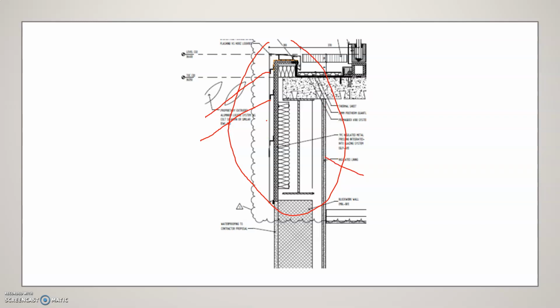Externally we have cladding, insulation, and a structural support element, and inside we have the plasterboard walling or dry lining. If you look at this balustrade detail here, we have the balustrade, and then the supporting structure, some sort of SHS box fixing back to the floor slab.